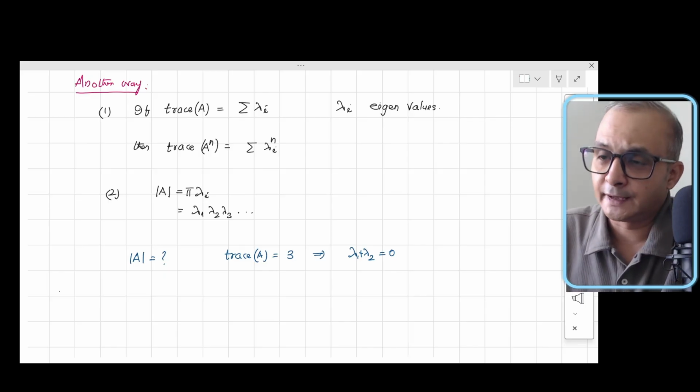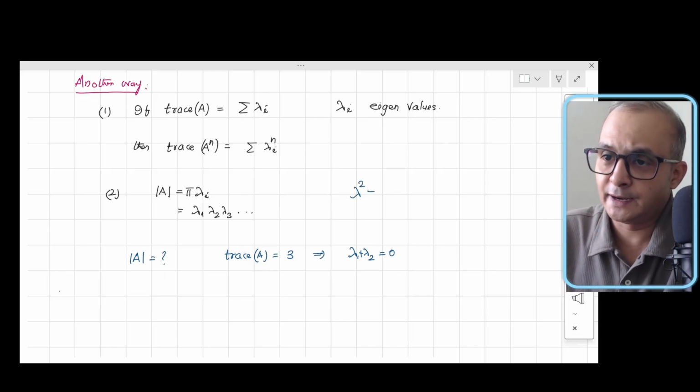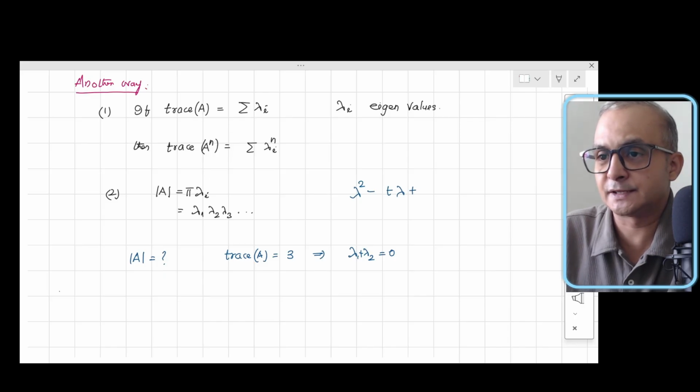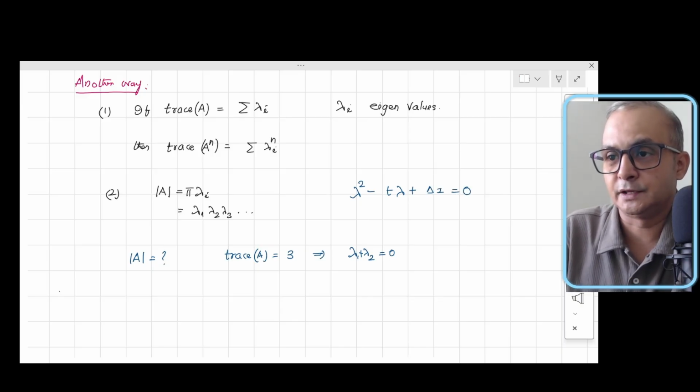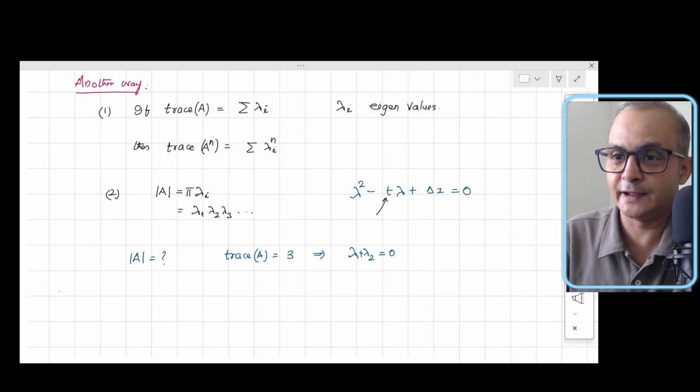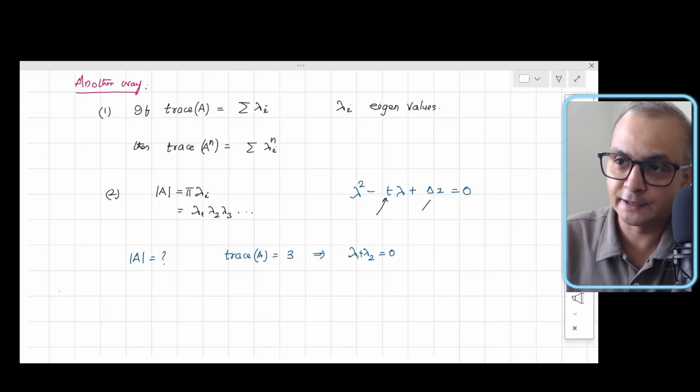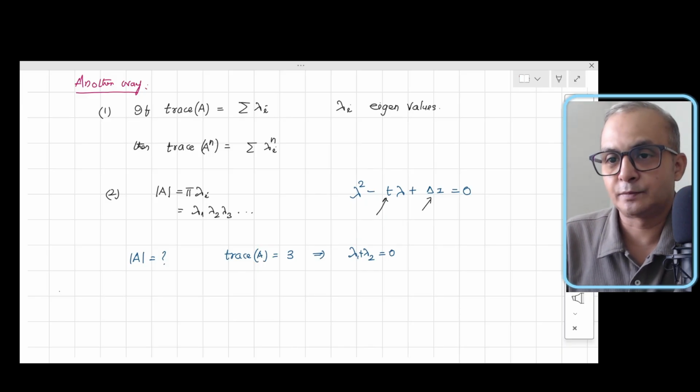Because the characteristic equation is lambda squared minus trace times lambda plus the determinant of the same matrix, equal to 0. You can notice from here that the trace is the sum of the roots, and the determinant is the product of the roots.